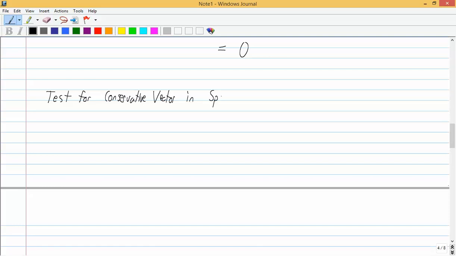Say that we have some vector field F of x, y, z equals Mi plus Nj plus Pk.